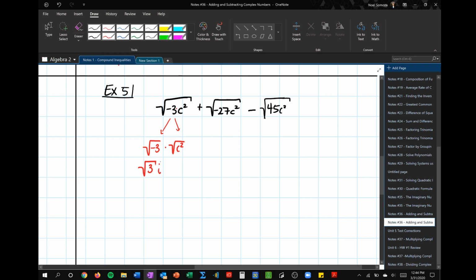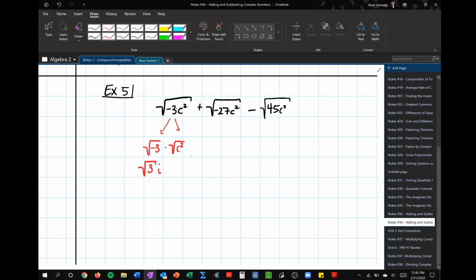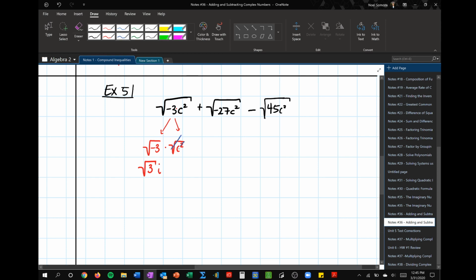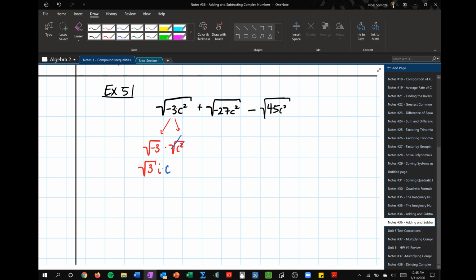And then what happens with the square root of c squared? A square root and a square are inverses of each other, so they cancel, and you just get to drop the c. Now this looks a little awkward, because I have i and then I have c, so I'm going to rearrange it. The i always stays at the end.